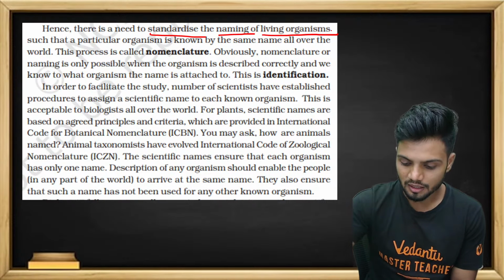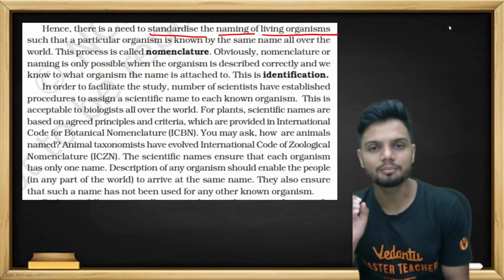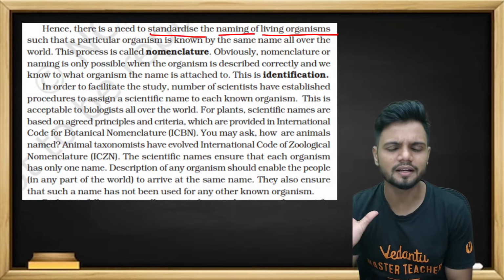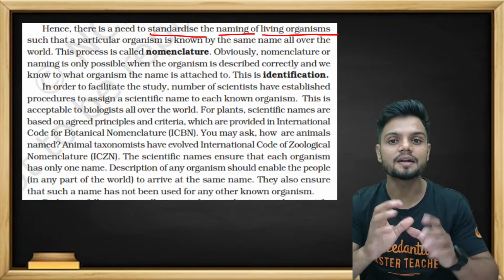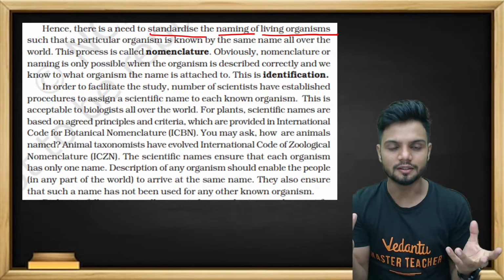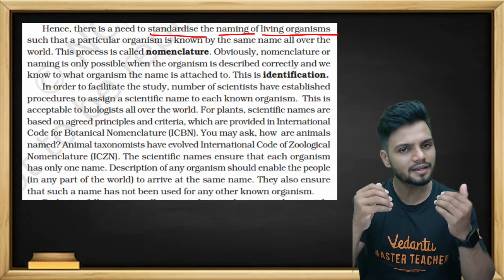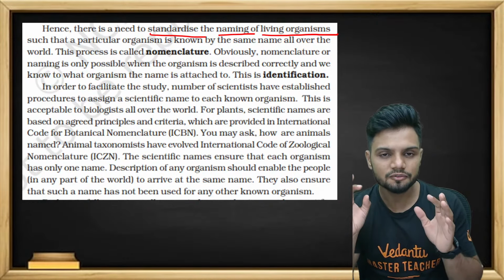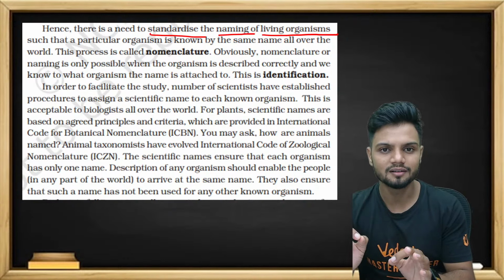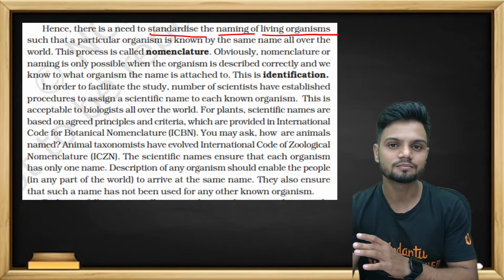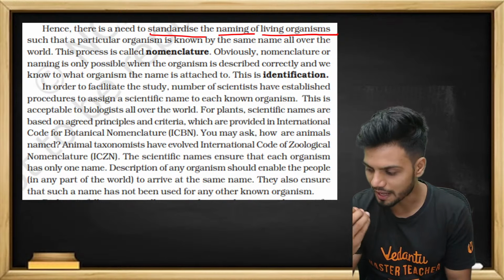That is, from now onwards, I will call mango as Mangifera indica, and that is a standard name. Throughout the world, any country, any state in India, if I tell Mangifera indica, it means mango. So do you realize what happened now?